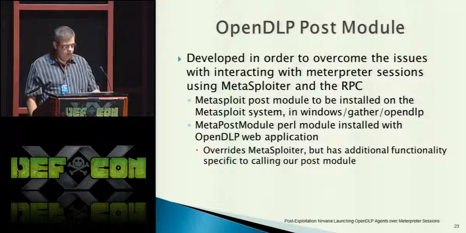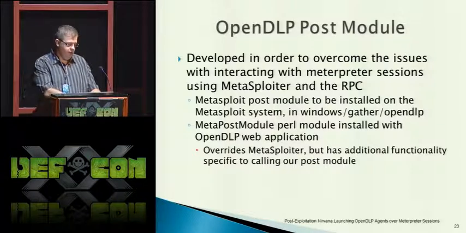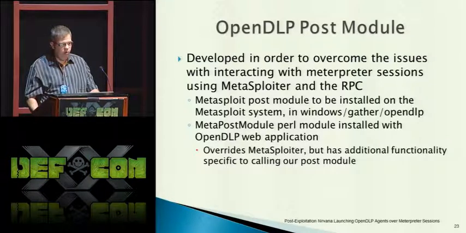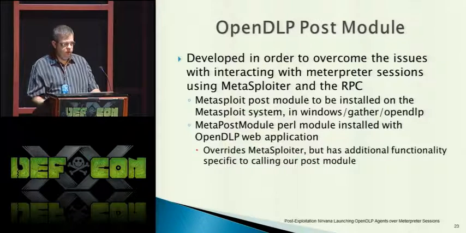I created this module, called it OpenDLP.rb, written in Ruby, and it's installed in the Windows Gather directory. I also created a Perl module, which interfaces with this Ruby module. The Perl module is obviously installed on OpenDLP. And the only purpose of it is to connect to the Metasploit Ruby module.